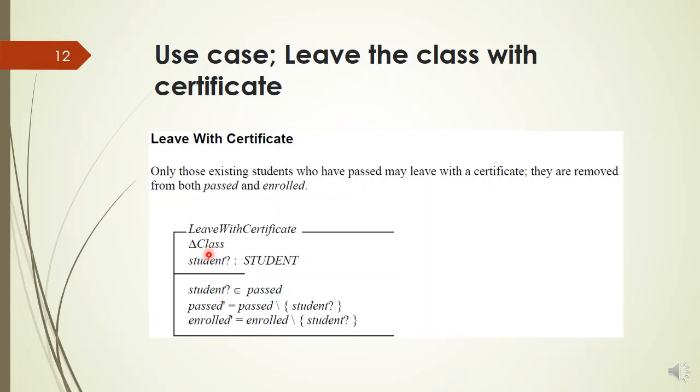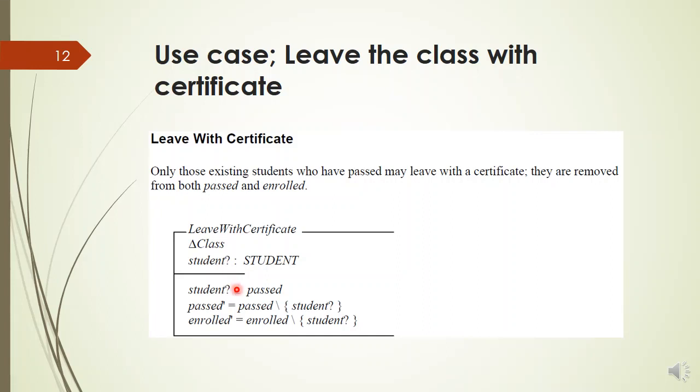schema with the name class would bring all the declared state variables as well as invariant predicates in this operation schema, and the student leaving the class is declared as an input variable, and this is an element variable with the question mark.